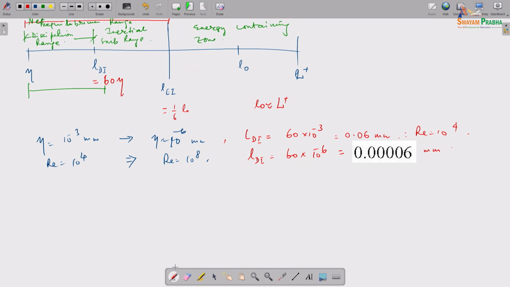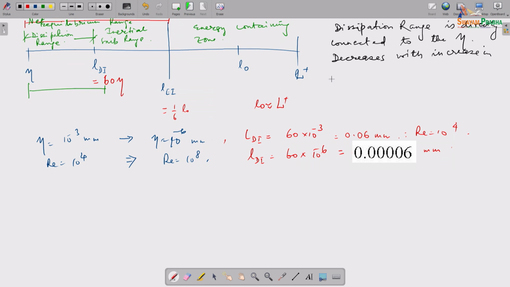You can see that the dissipation range is directly connected to eta, the length scale, and this also decreases with increase in RE.